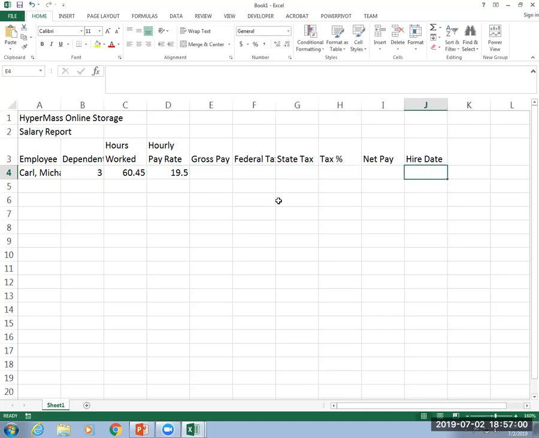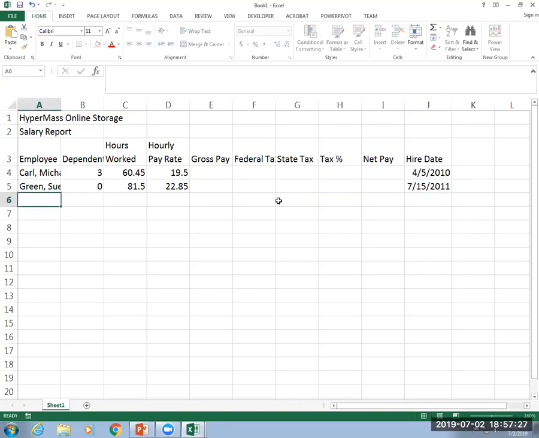And his hire date was 4/5/10. And then we have Green, Sue. And she has 0. And she worked 8150 and 2285 and 7/15/11.